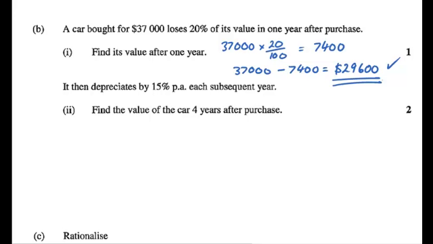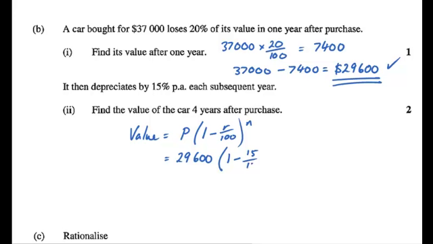So our depreciation formula to find the value is the principal multiplied by 1 minus your interest rate over 100, to the power of n, the number of years. If we start with what it's valued at after 1 year, 29,600, 1 minus our interest rate is now 15%, but we only have to do that for 3 more years because we've already done 1 year.